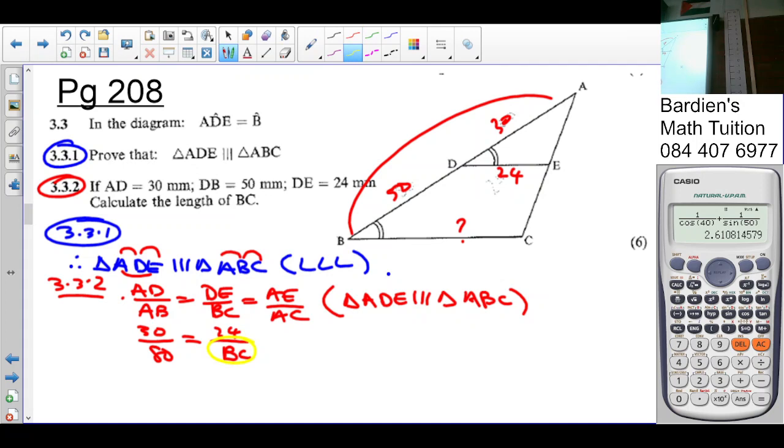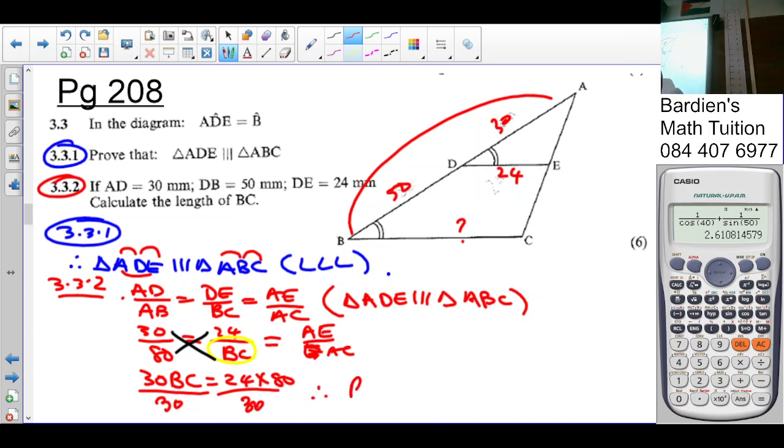And then AE over AC, which I don't have. But this is what I'm interested in. So I can cross multiply. It's going to be 30 BC is equal to 24 times 80. You see that number is fairly large, so I don't multiply it out yet, I first simplify. I divide by 30 on both sides.